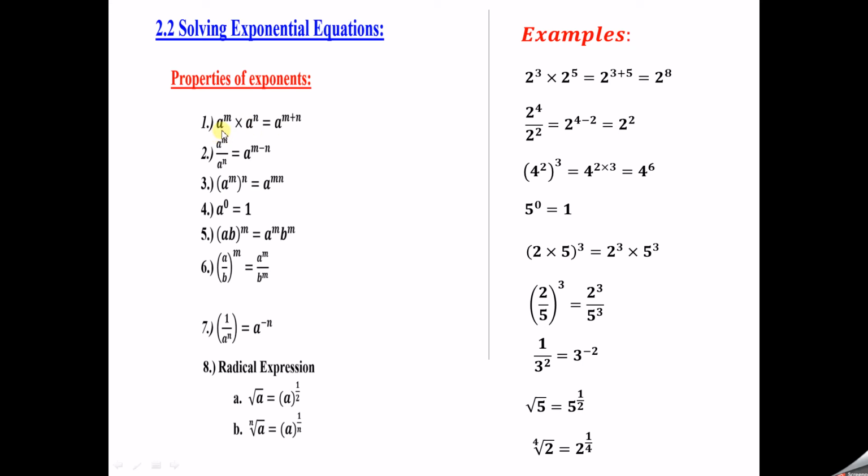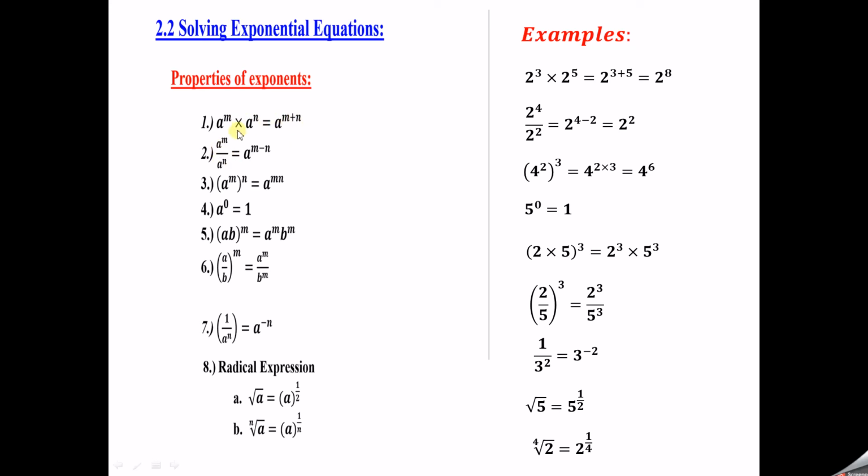That means when we are multiplying two exponents, if the bases are the same, then we add the powers. So this a is called the base and m is called the exponent or the power. So when we are multiplying two exponents with the same base, then we add the powers. So a power m times a power n is a power m plus n.